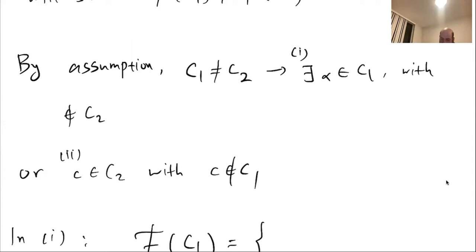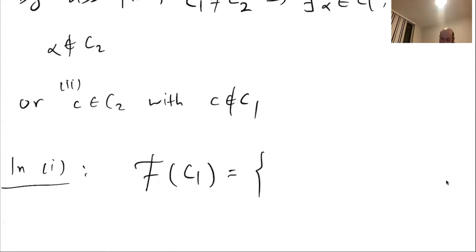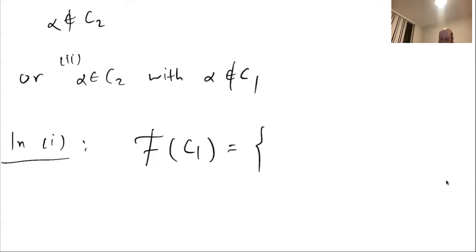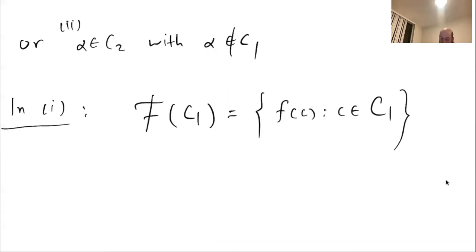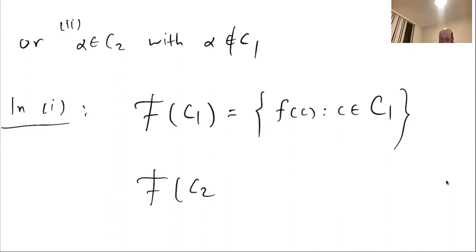Let's call this one alpha. So curly F of C1 is the set of f of c, where c belongs to C1. And curly F of C2 similarly is the set of f of c, where c belongs to C2.